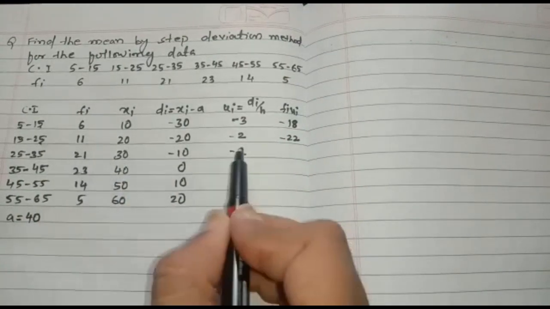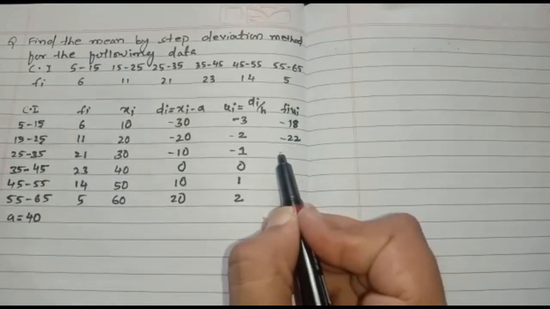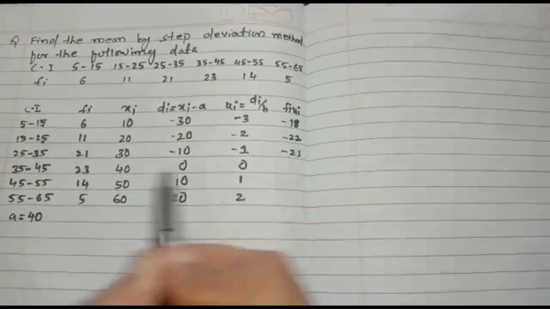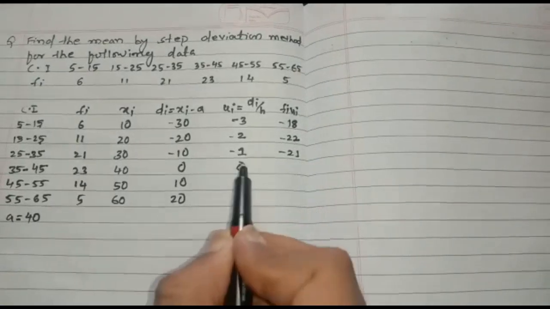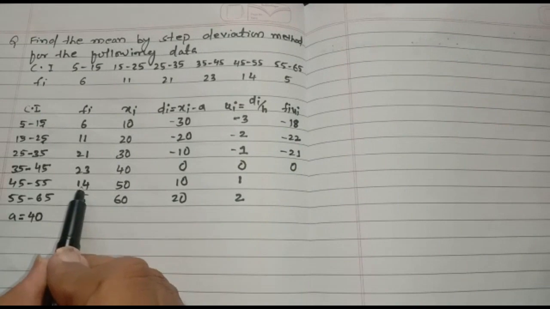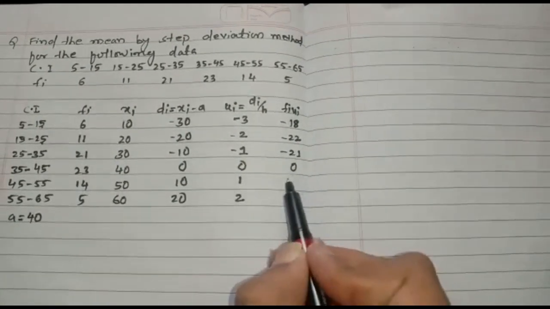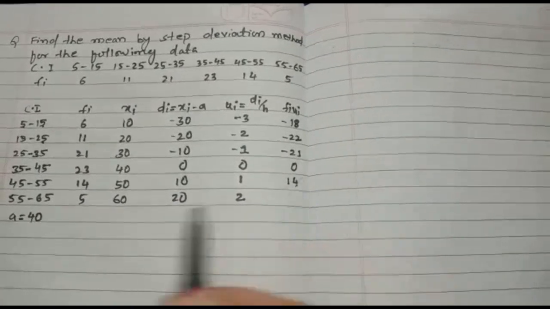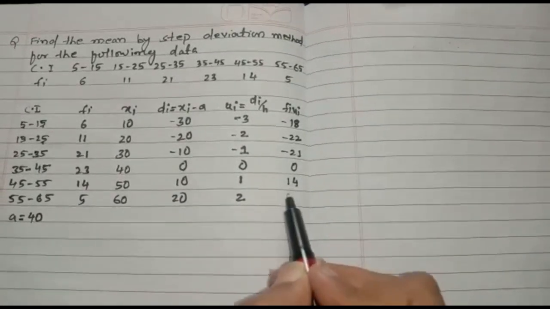Then 21 into minus 1 is minus 21. Then 23 into 0 is 0. 14 into 1 is 14. 5 into 2 is 10.